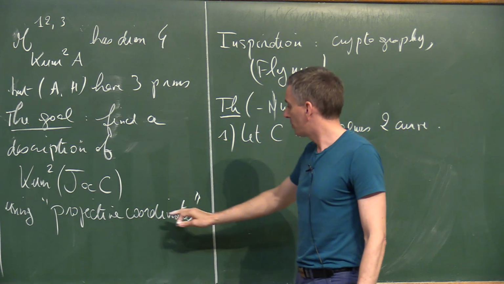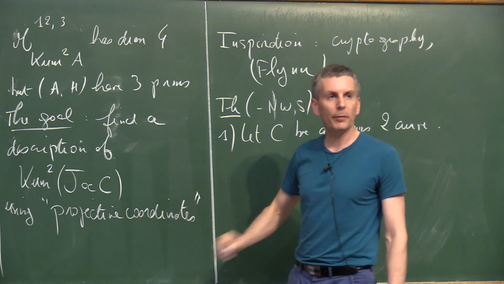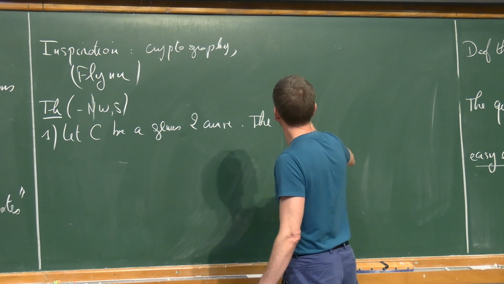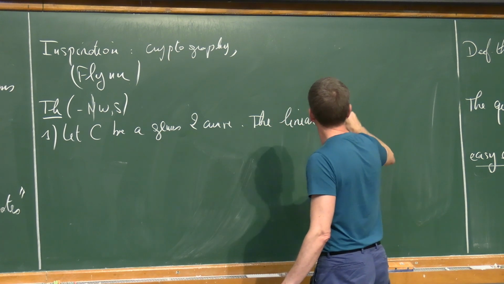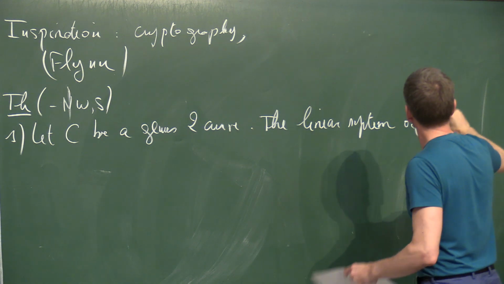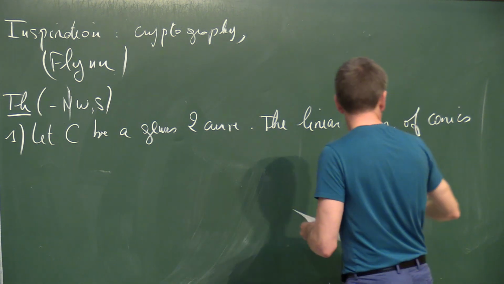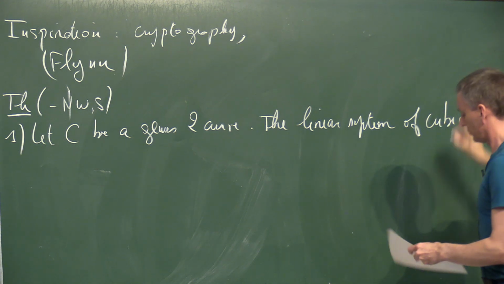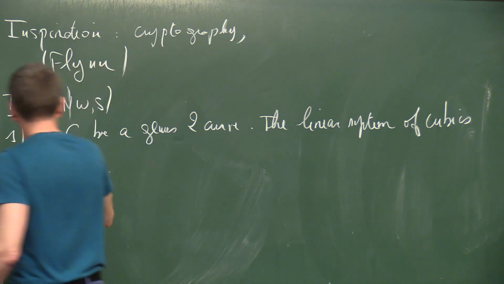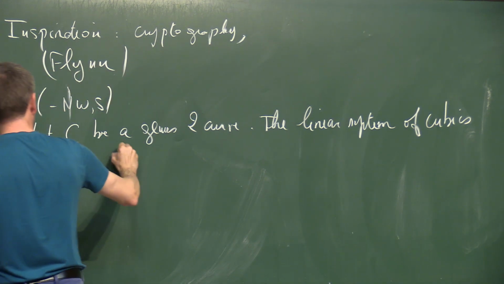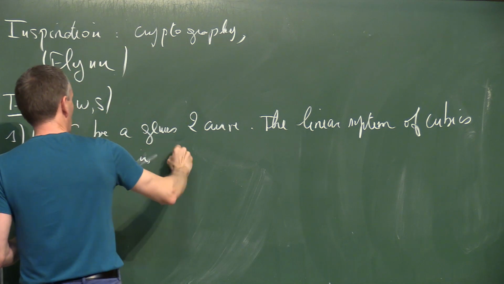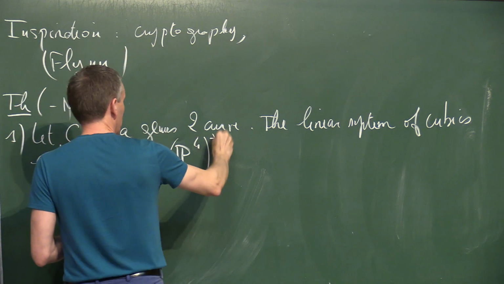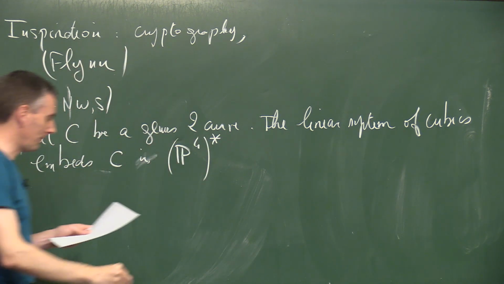The secret behind this projective coordinate is the linear system of cubics on the genus 2 curve. And the fact is that the linear system of cubics embeds C in a 4-dimensional projective space, but I will take the dual here because it's better for what I have to do.